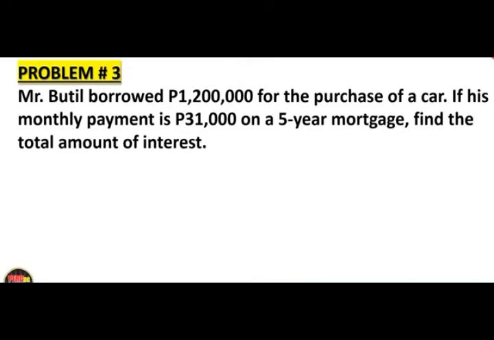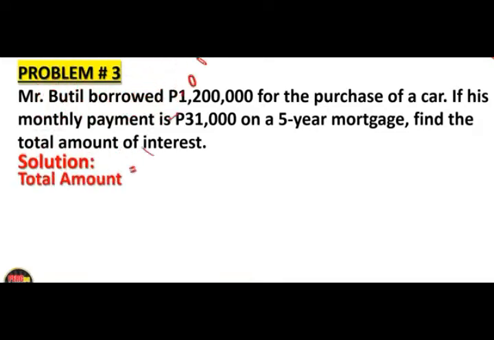Problem number 3. Mr. Butil borrowed 1.2 million pesos for the purchase of a car. If his monthly payment is 31,000 pesos on a 5-year mortgage, find the total amount of interest.